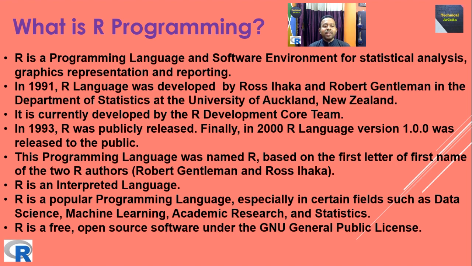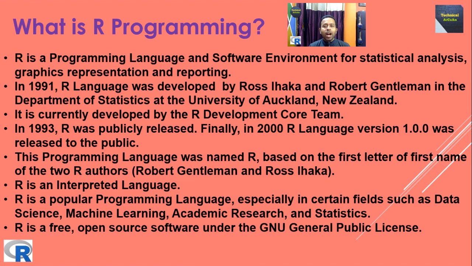R is a popular programming language, especially in fields such as data science, machine learning, graphics representation, academic research and statistics. R is free open source software under the GNU General Public License.